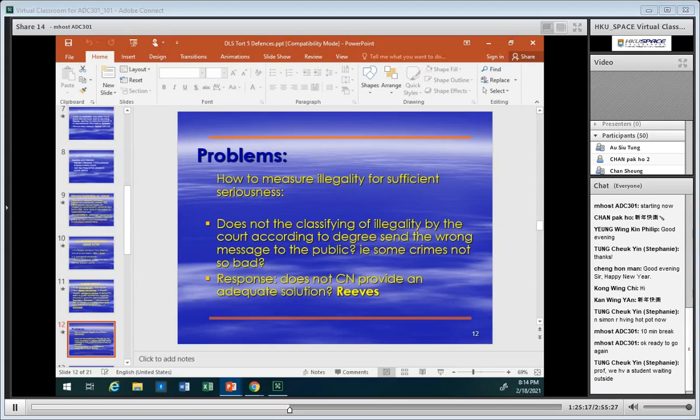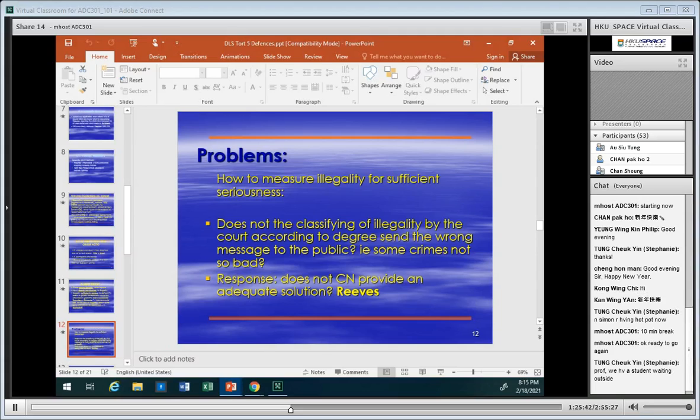Now let's pose some scenarios here. For example, if you decide to rob a bank, which you shouldn't do, of course, and you and a friend are on your way down to the Hang Seng Bank because you want to rob it, and you'll be wearing your masks anyway. That's always my joke.